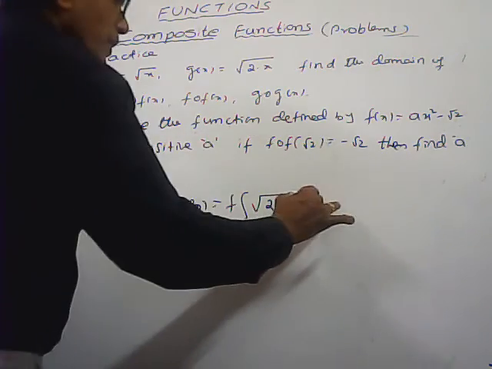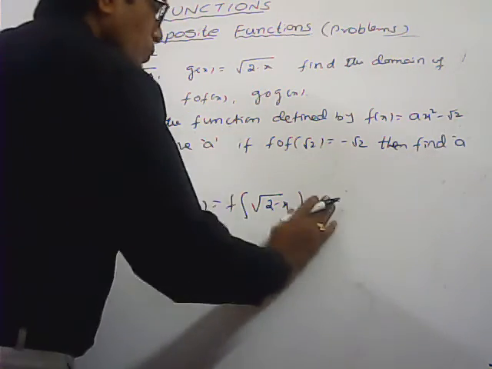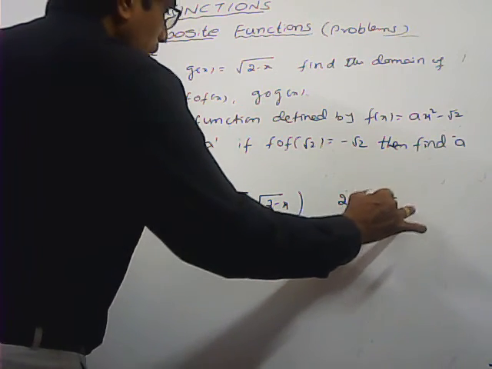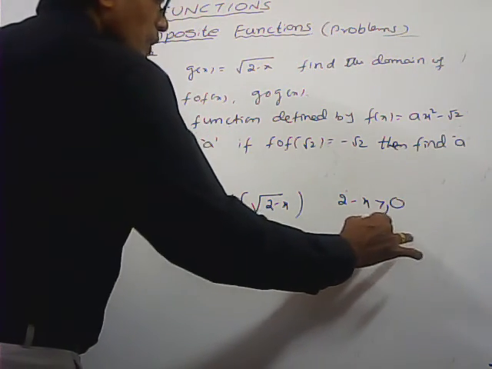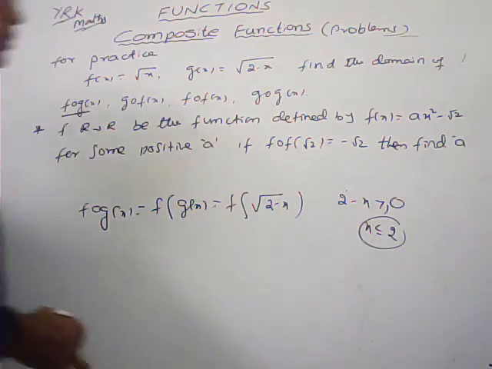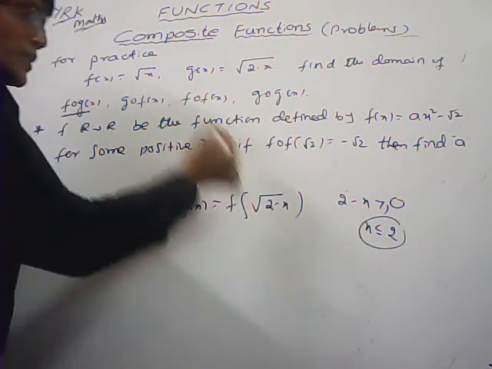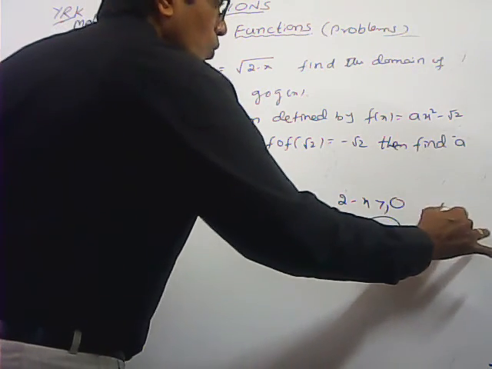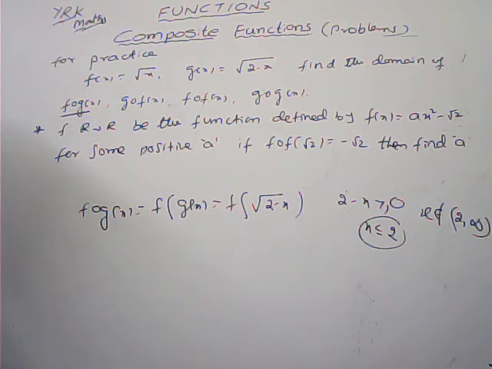So here 2 minus x should be more than or equal to 0, x is less than or equal to 2. So here for all these the function exists only, so x doesn't belong to 2 to infinity.